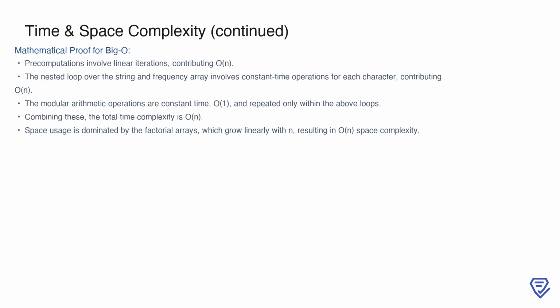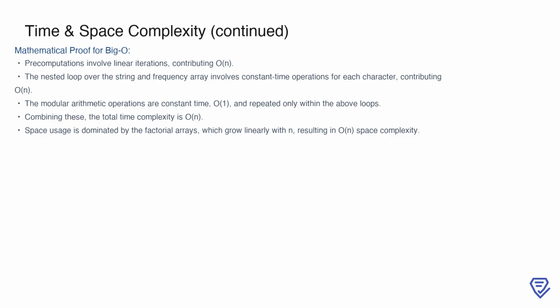Finally, let's solidify our understanding with a mathematical proof for the big O complexity. The pre-computations involve linear iterations for factorials and modular inverses, contributing O(n). The nested loop that processes each character in the string involves constant time operations for each character, leading to O(n) overall.